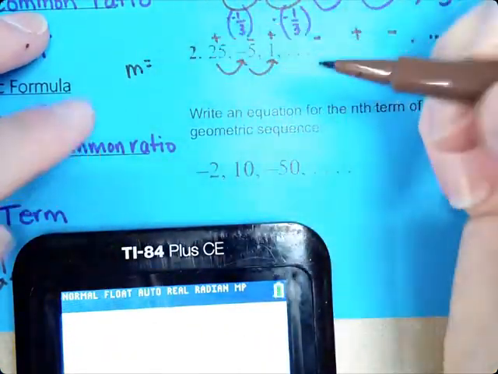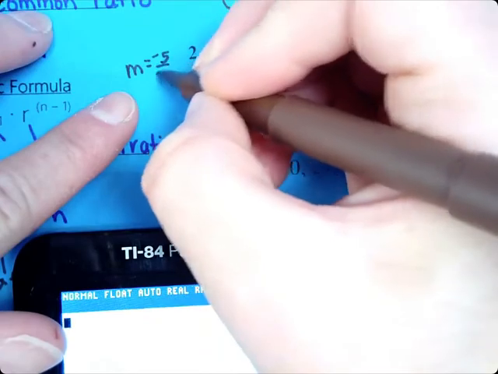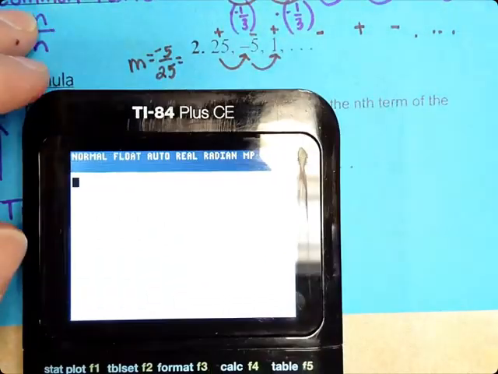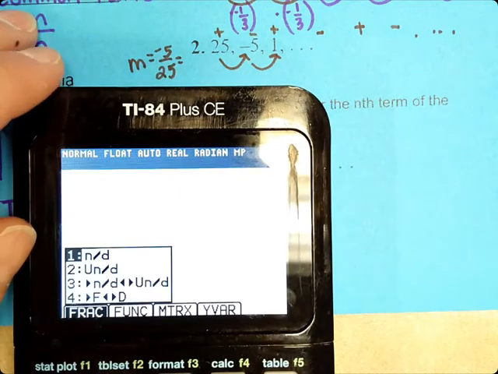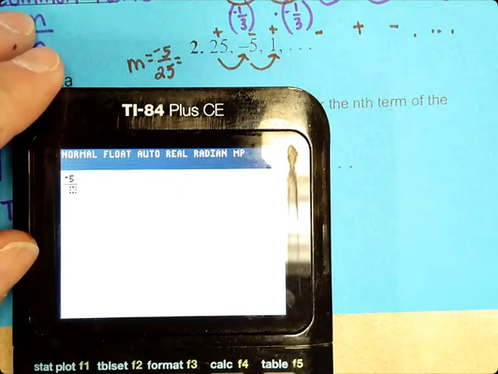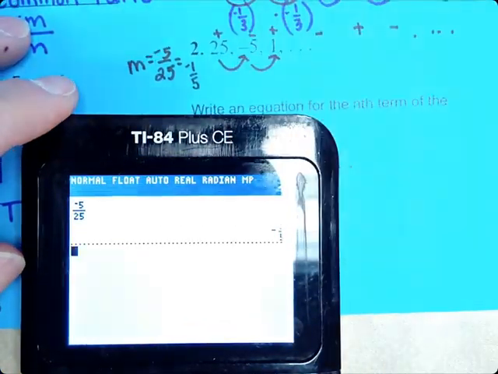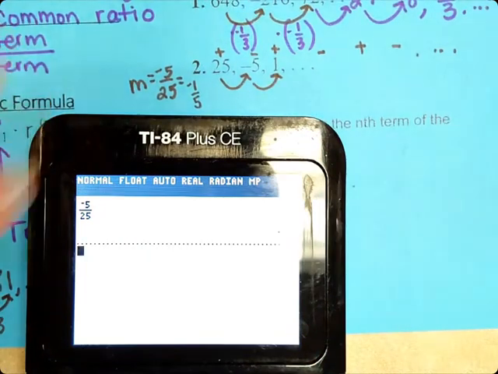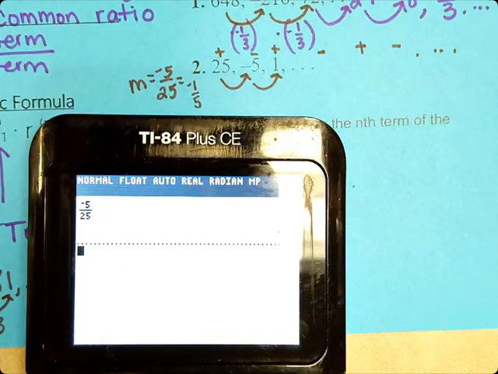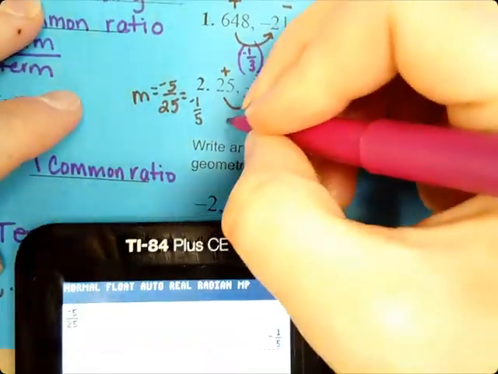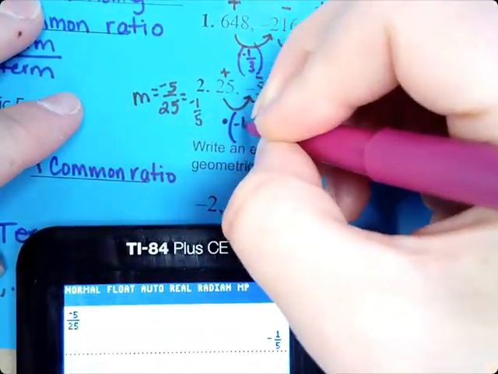M equals negative 5/25, which is negative 1/5. So we need to make sure that that is the number that's being multiplied to get the next number and the next number and the next number. So times negative 1/5.